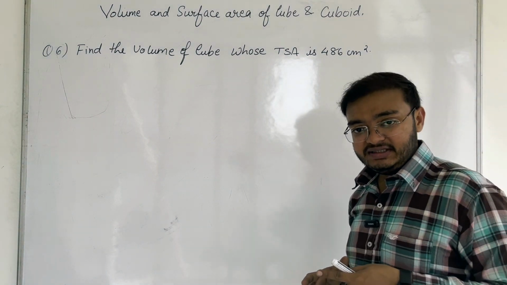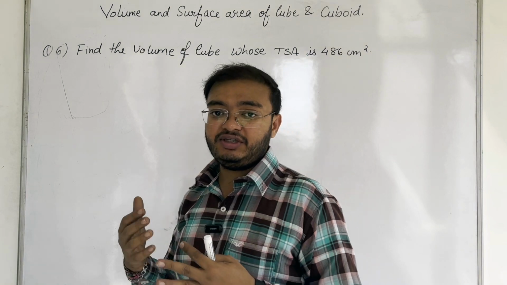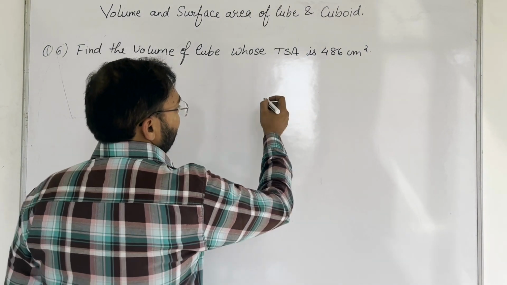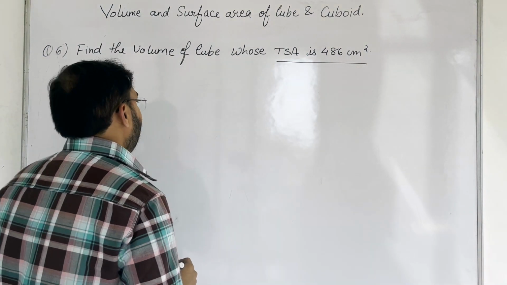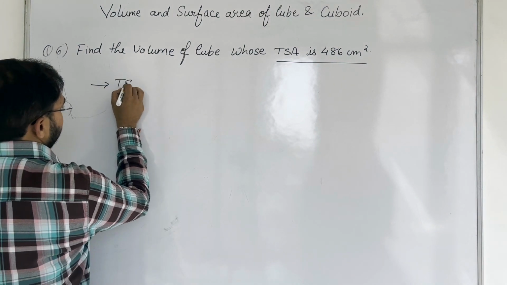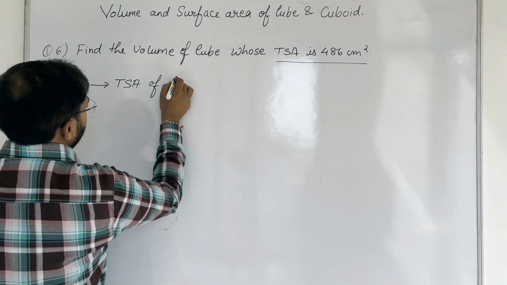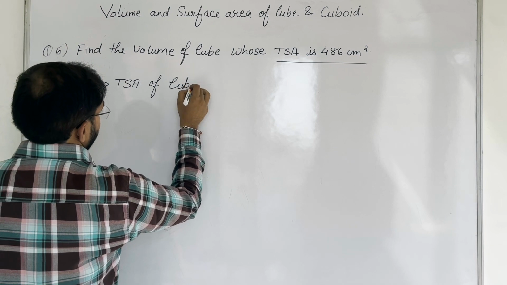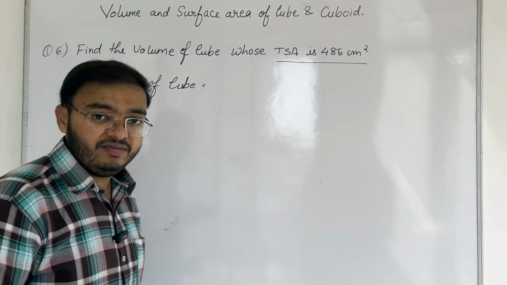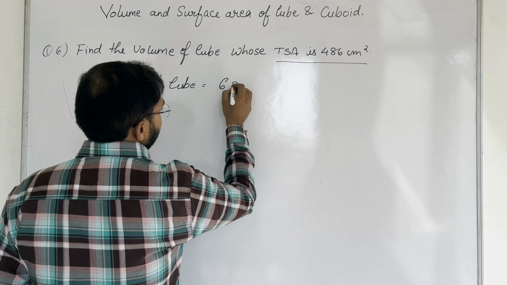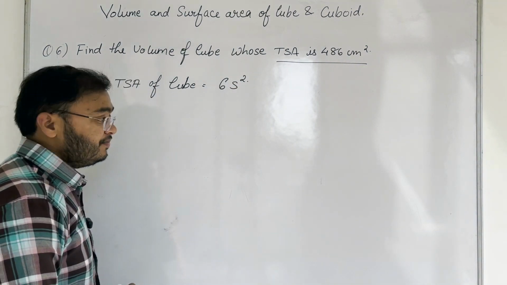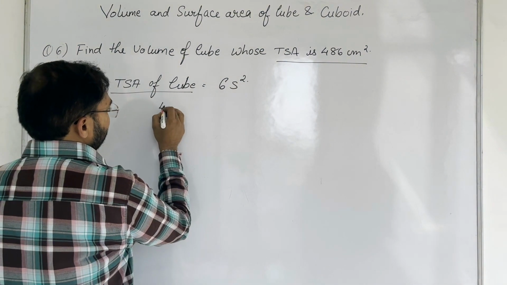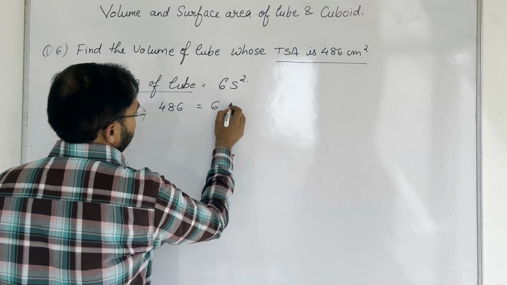Now as I always suggest, we will always start solving the questions from the given data, and your given data is TSA of cube. Now let's write it over here, the TSA of cube, that means total surface area. And how many surfaces is a cube having? 6. That means 6s square is my formula. Now TSA is given to us, that is 486, which is equal to 6 into side square.